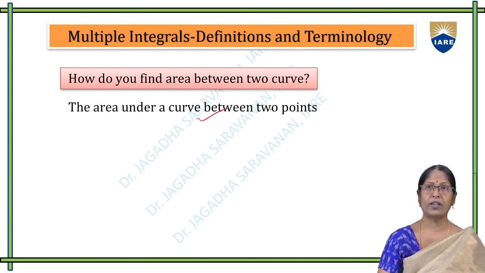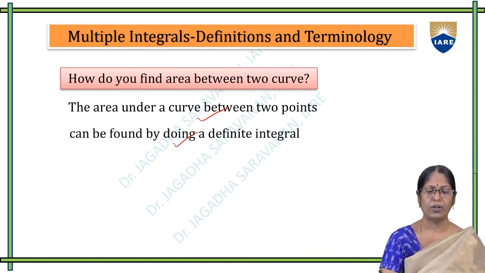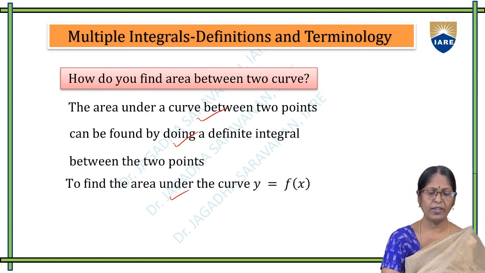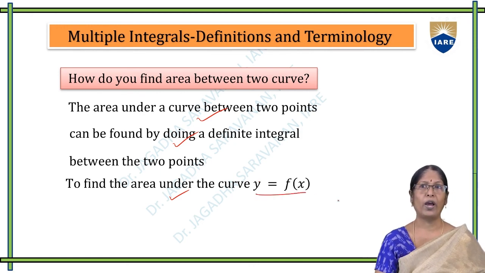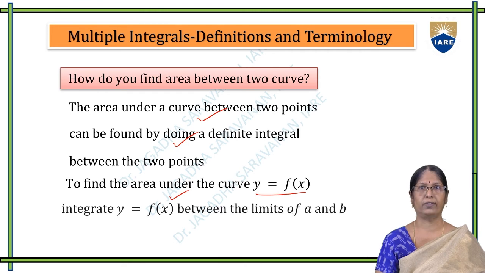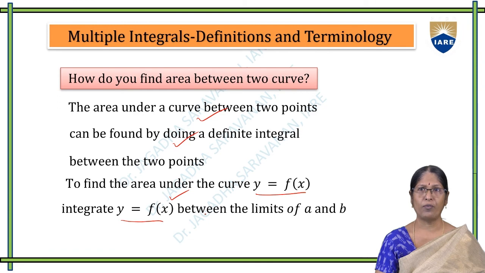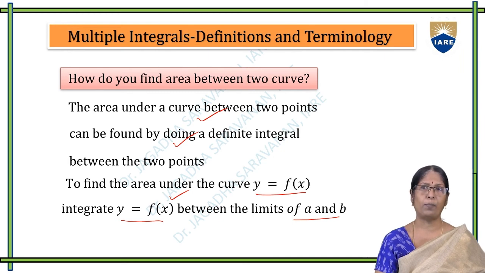The area under a curve between 2 points can be found by doing a definite integral between the 2 points. So to find the area under the curve, suppose a curve is given, y equal to f of x, then integrate y equal to f of x, and after integrating, apply the limit values from a to b.